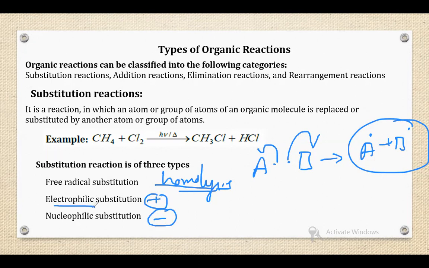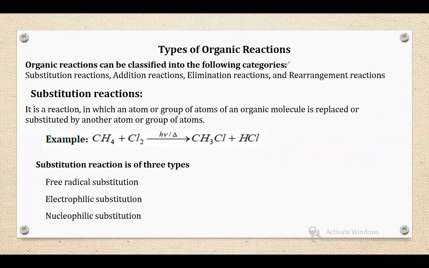So in the substitution reaction, an organic reaction, it is divided into three types: free radical reaction, electrophilic substitution, and nucleophilic substitution. Are you getting? So we'll see one by one.